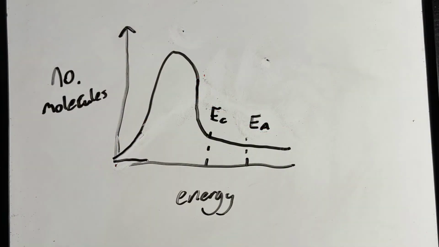Now, introducing a catalyst doesn't change the amount of molecules with an activation energy. Instead, it lowers the activation energy. You can see here I've drawn it with the symbol EC. So the area is larger, so there are more molecules with that lowered activation energy.